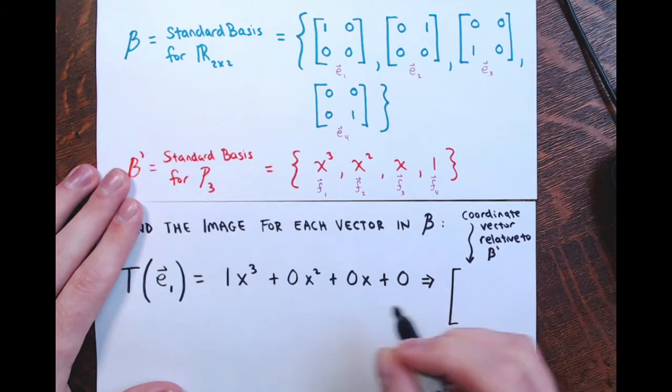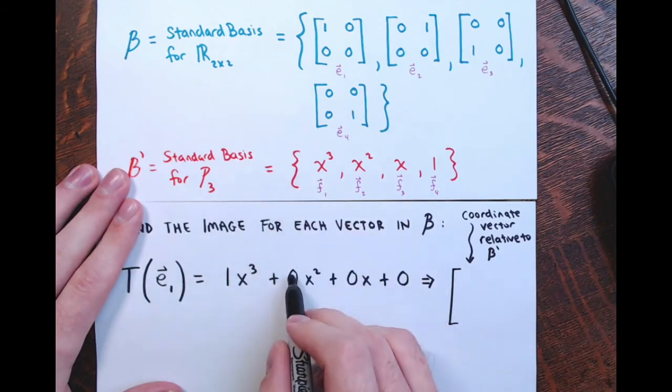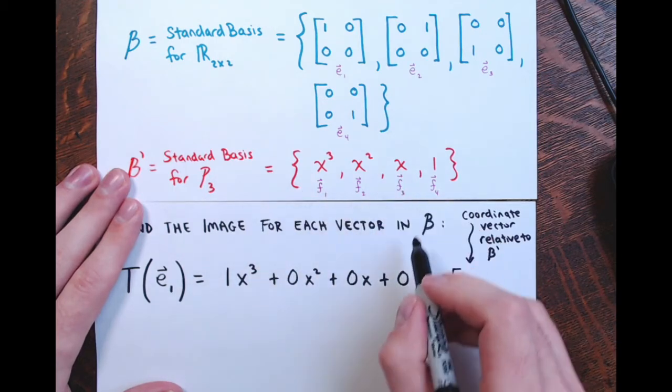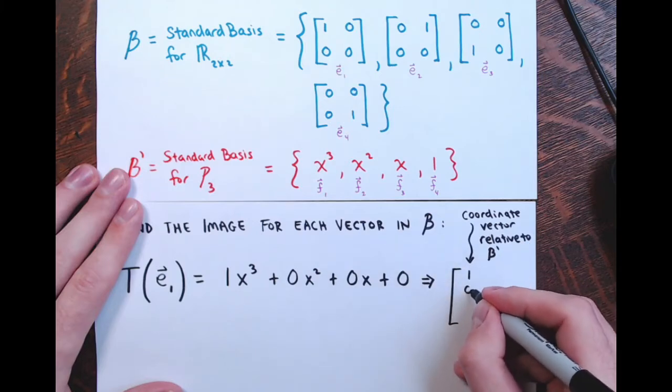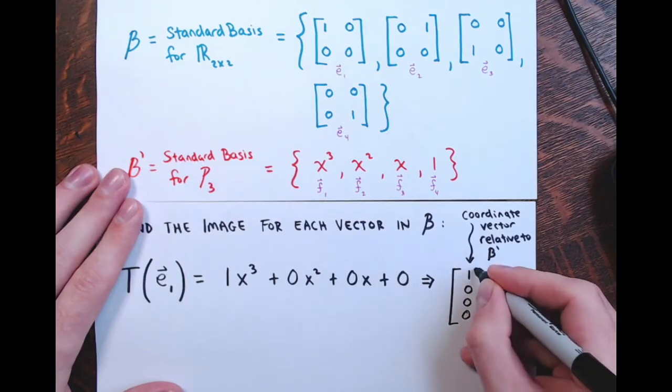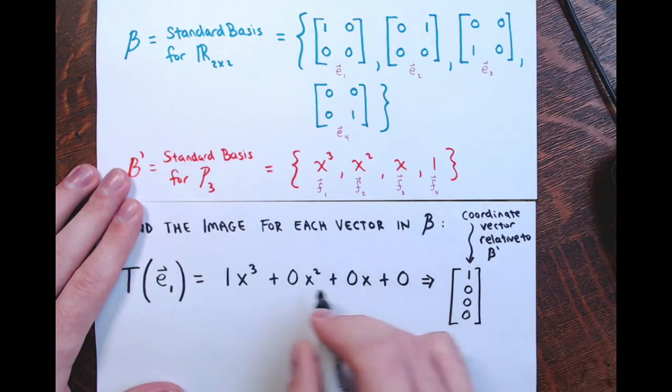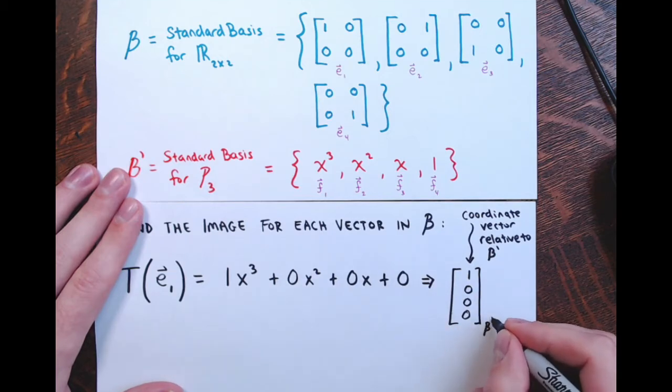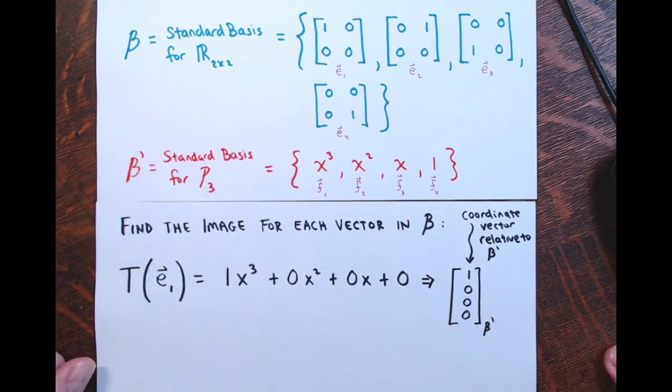You see this is 1x cubed, 0x squared, 0x, and 0 times 1. So 1, 0, 0, 0 are the coordinates of this output relative to B prime. Again, hopefully you remember the talk about coordinate vectors. That would help here. Maybe go back and take a look at that again.